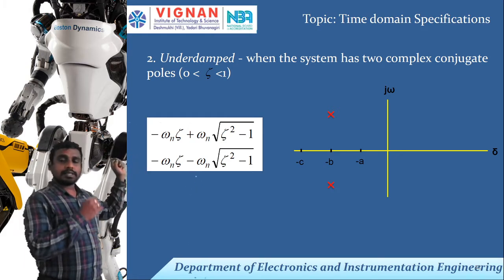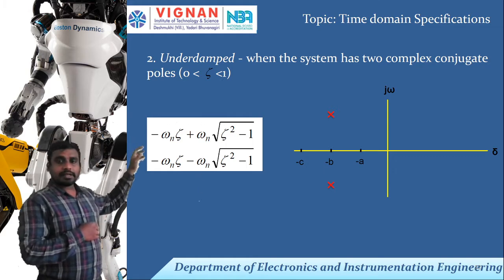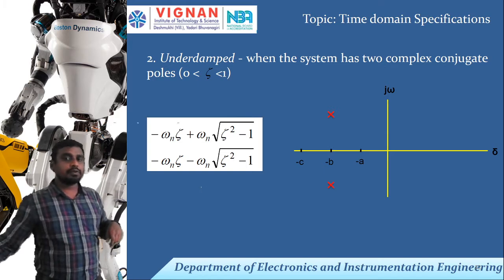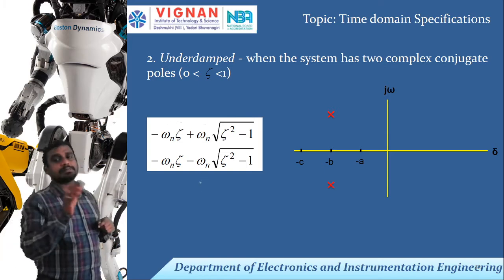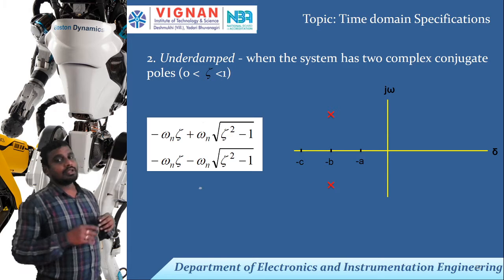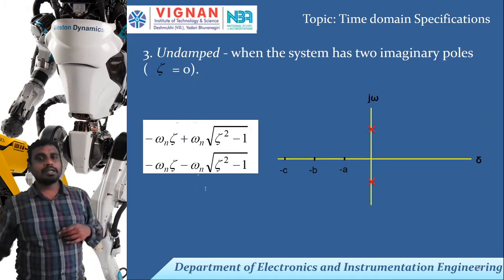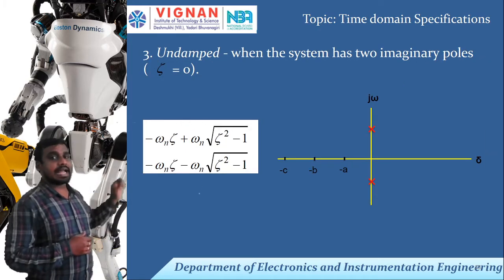Once you plot the second order plant, the poles are complex conjugate. If you mark the poles in this complex plane or S plane, you will get the poles in this way, right? Then coming to the next topic, that is the undamped system.